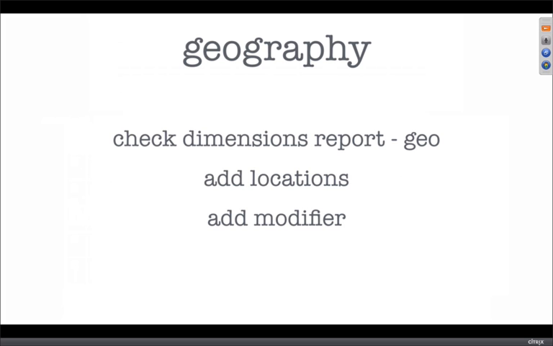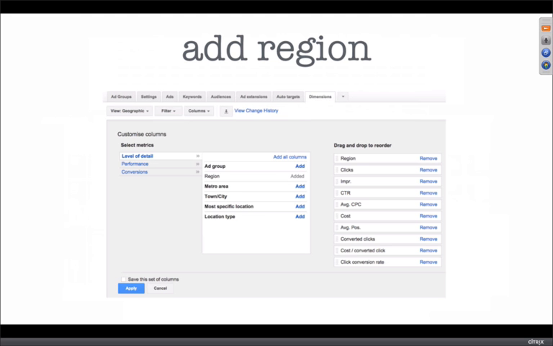So first things first, we go to our dimensions tab. You can see across the top there. Then when we choose on the drop-down box, on the far left, second row down, view geographic location. That's the one we want. And then it's going to give you a whole stack of data.